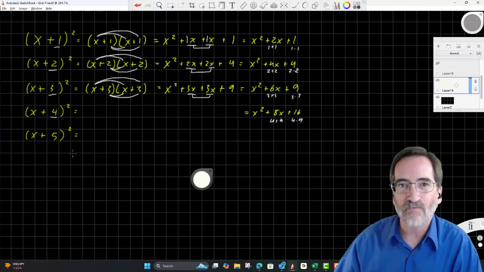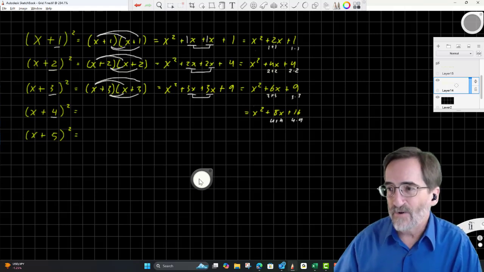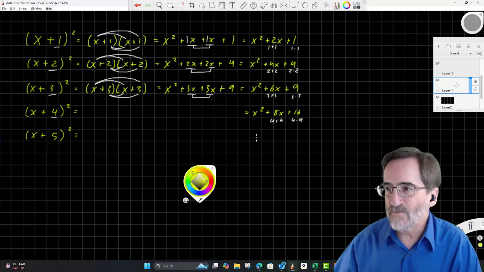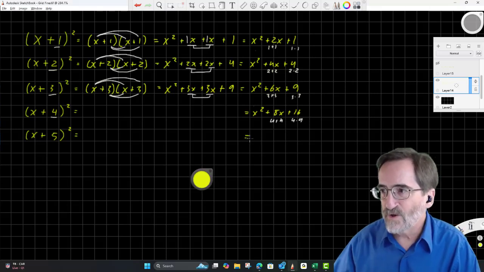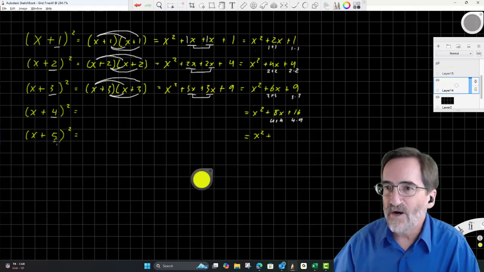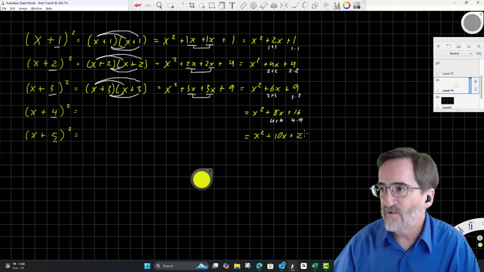I took my 4 from there. That's the pattern. Okay, so we can jump straight to the end. And what's more is we can work it backwards a little bit, and I'll show you in the next example. But let's do it one more time. X squared plus 5 plus 5 is 10x. Plus 5 times 5 is 25.